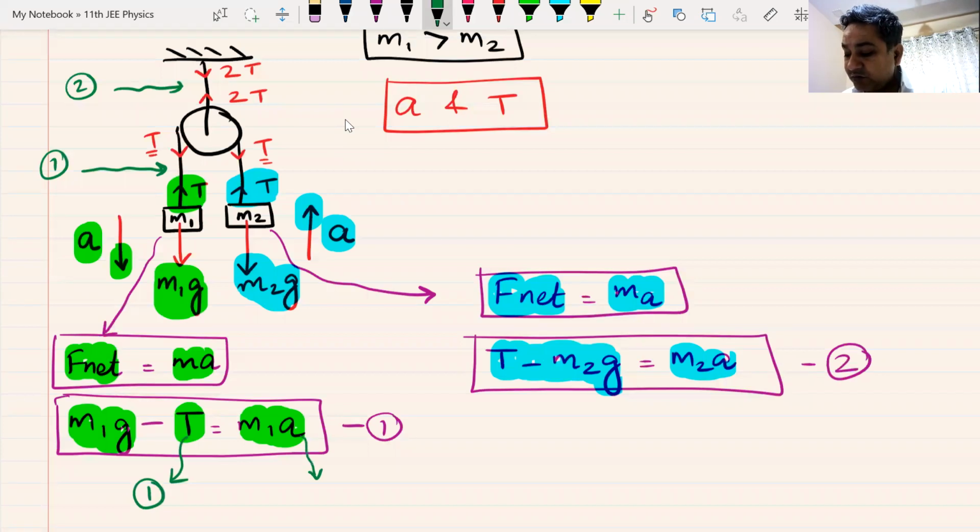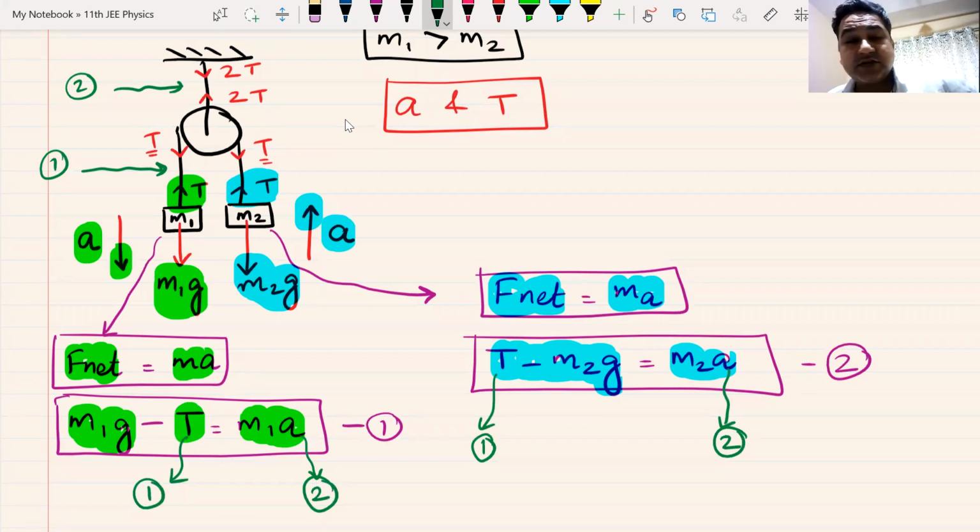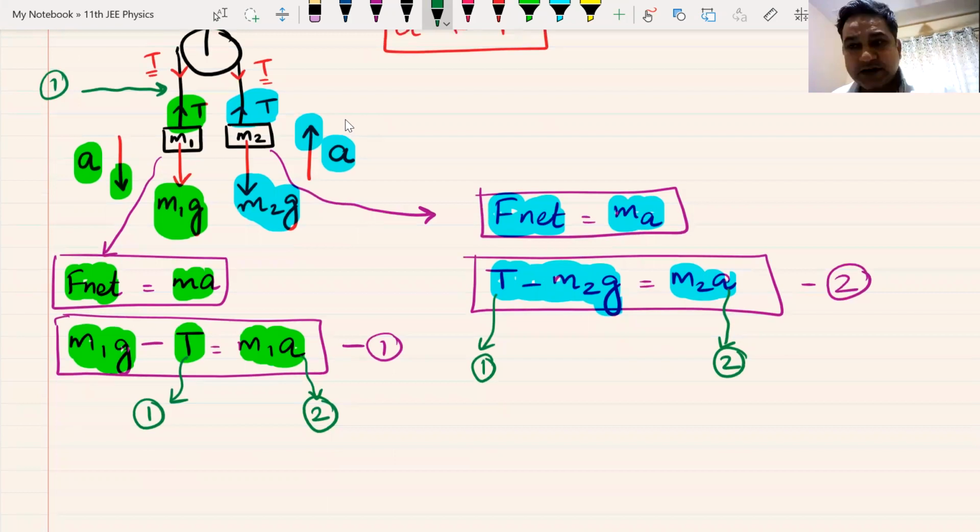Acceleration is also an unknown. If you look at equation number 2, one unknown is T, the other unknown is a. There are only two unknowns, two equations. The equations can be solved, and you can get the value of tension and acceleration.